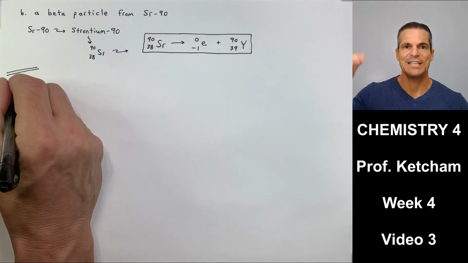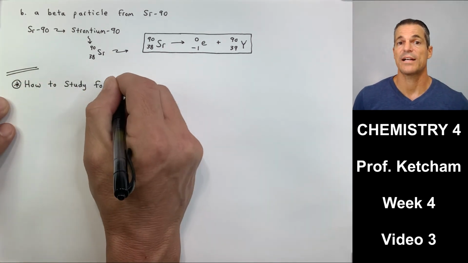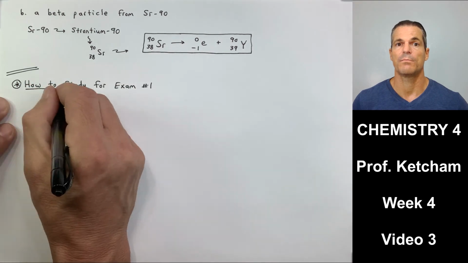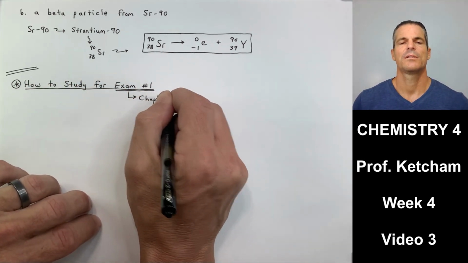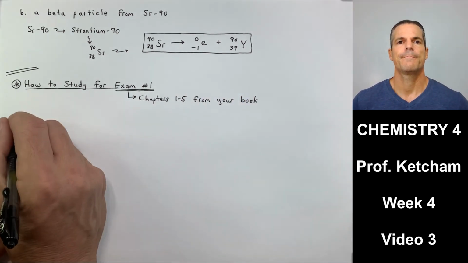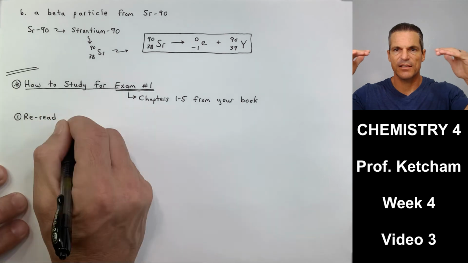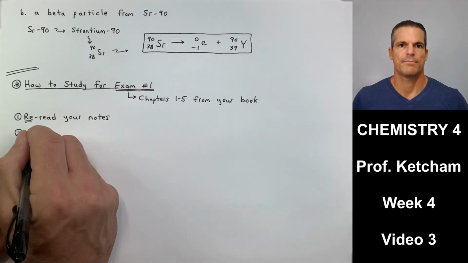I've got to have a 90 and a 39 to make Y. So Y is actually an element on the periodic table. Most of us haven't heard of it before. I believe it's called yttrium. It's got a very weird spelling. The A's on top and the Z's on the bottom are conserved. All right, that's it for the homework problems.